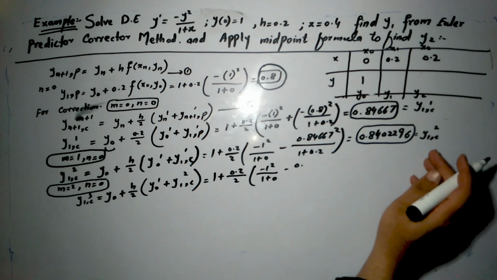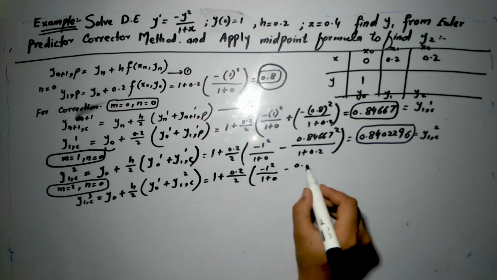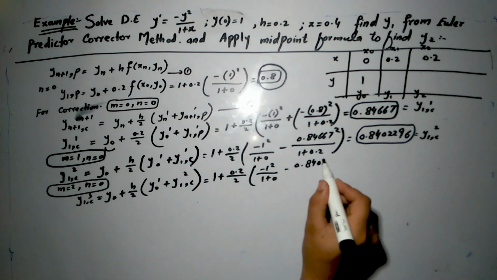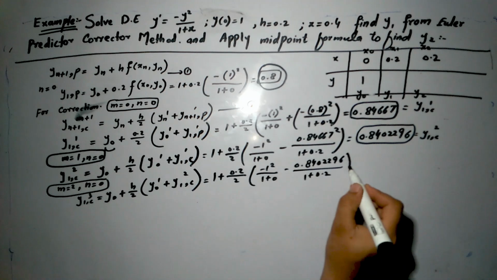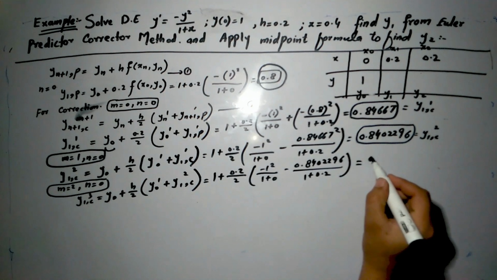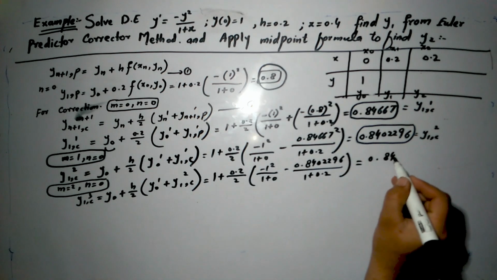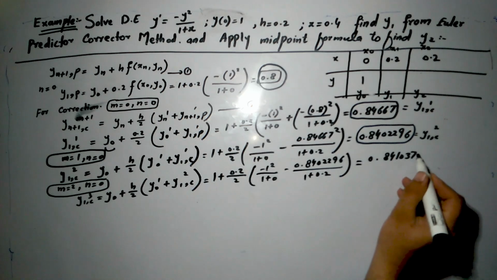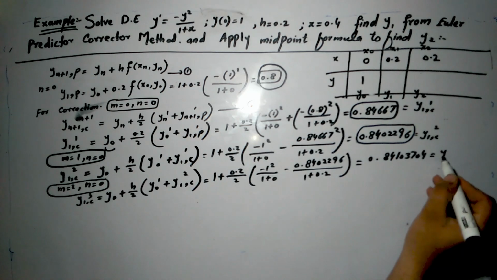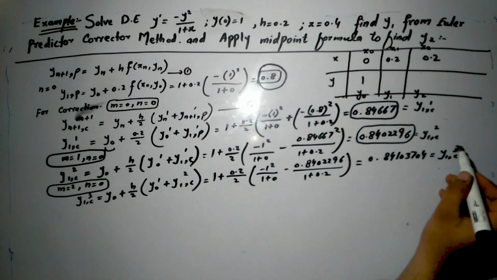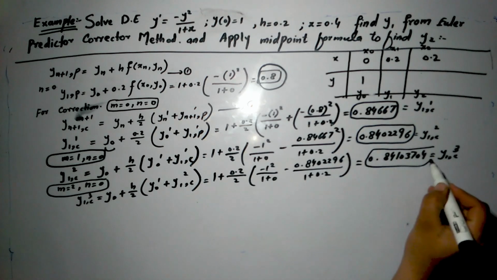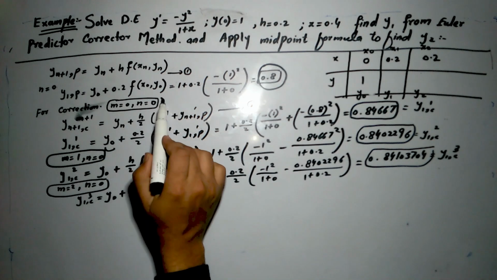So this will be equal to 0.8402296 square over 1 plus 0.2. So this will be equal to 0.841037004. This is equal to y1 c3.